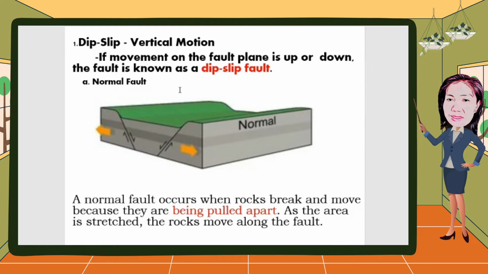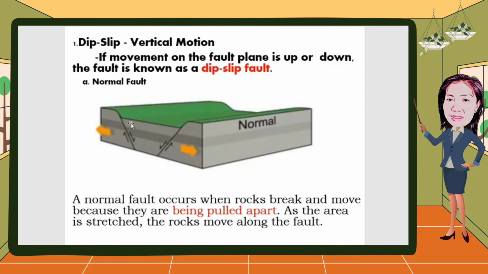Okay? There are two types of dip slip. We have a normal fault and a reverse fault. Let's start with the normal fault. How does this normal fault happen? A normal fault occurs when rocks break or move because they are being pulled apart. So the movement is that the two fault plates move away from each other.